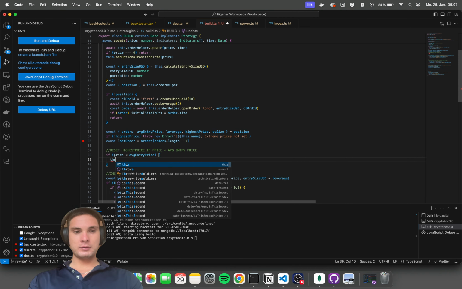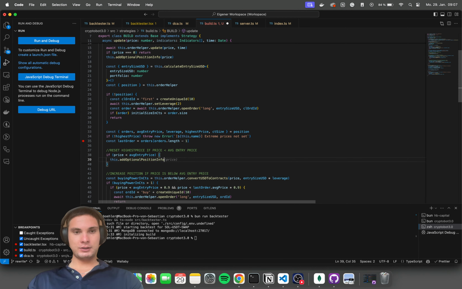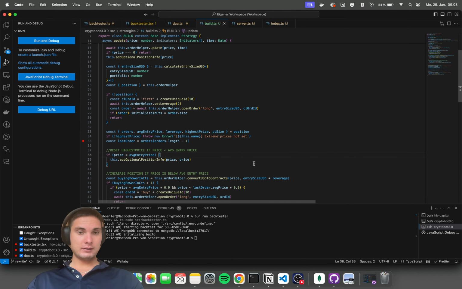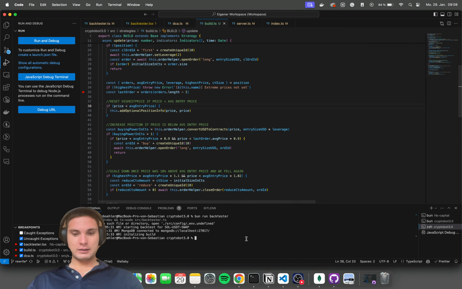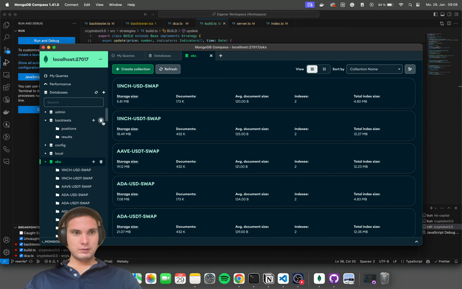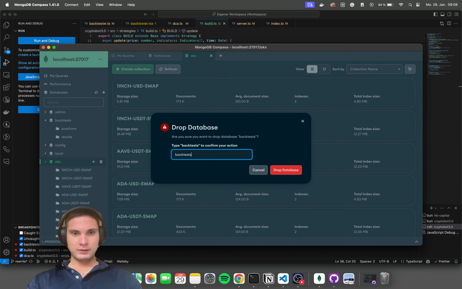Or we should be able to just say this additional position info, and then here highest price and lowest price. Let's set the highest price to the current price. And now backtest.